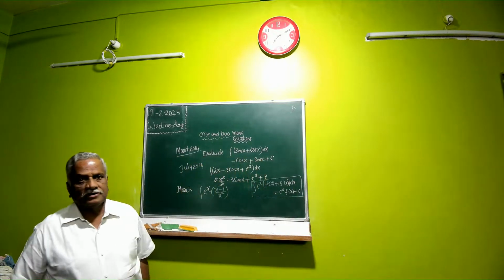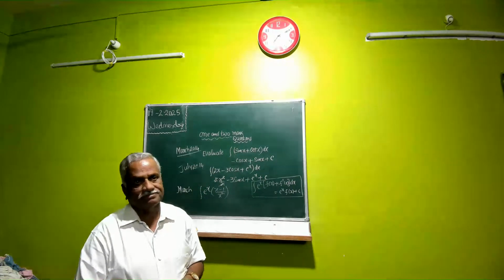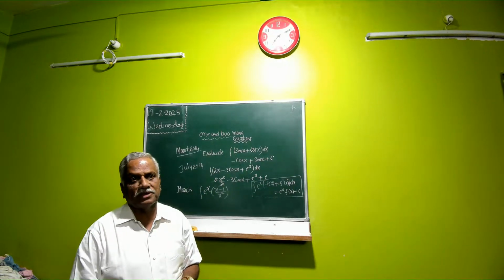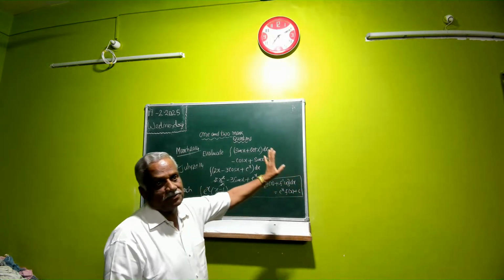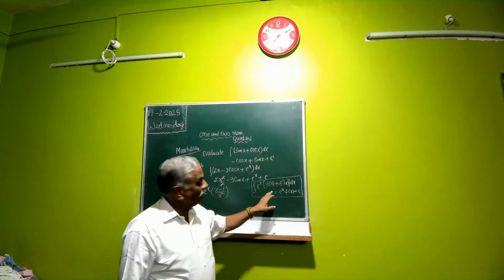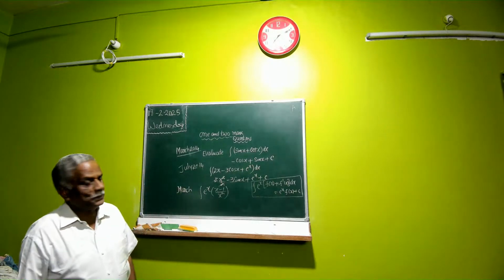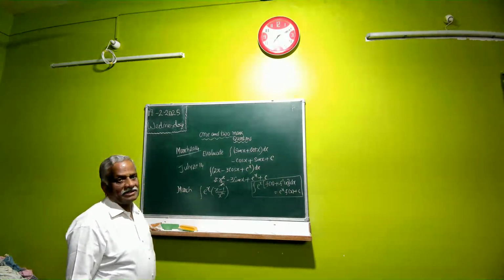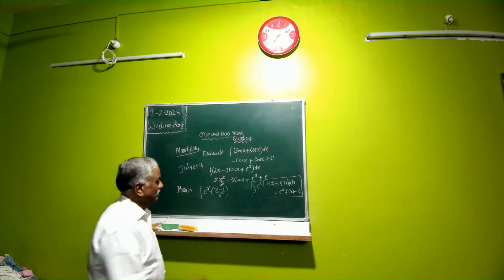Whenever you notice e to the power of x in an integration problem multiplied by something else, always first think that it may be of this type. The problem may need this formula. They will not give it directly. For example, here they have e to the power of x, but this is not in order.